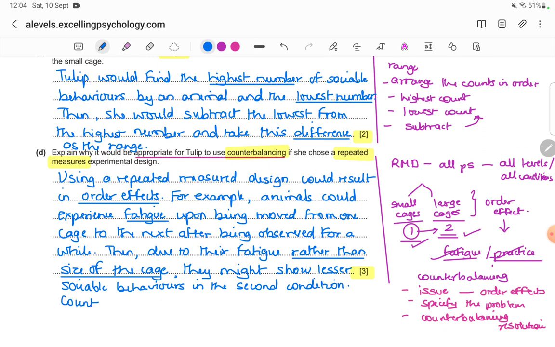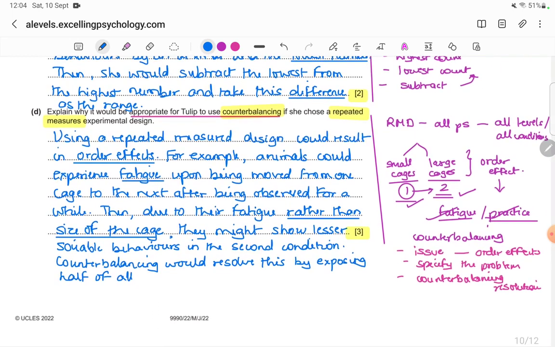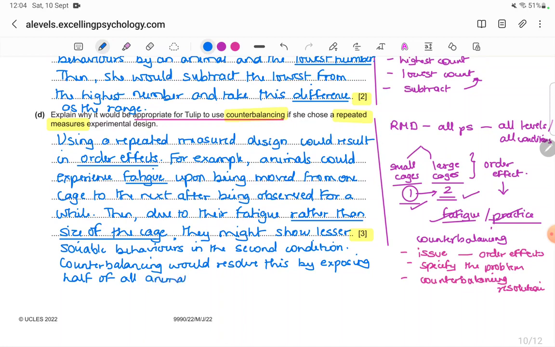Counterbalancing would resolve this by exposing half of all animals to one condition first and the other half to the second condition.